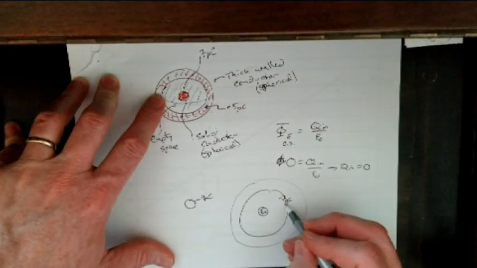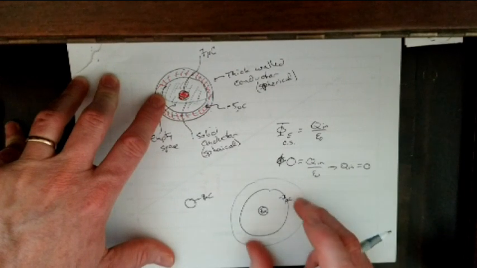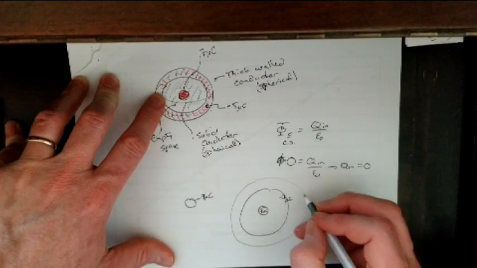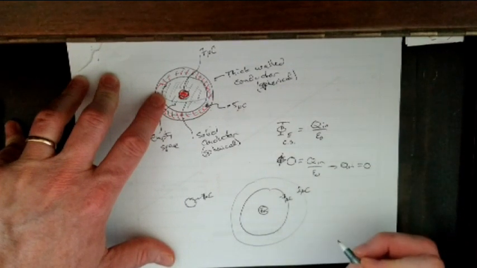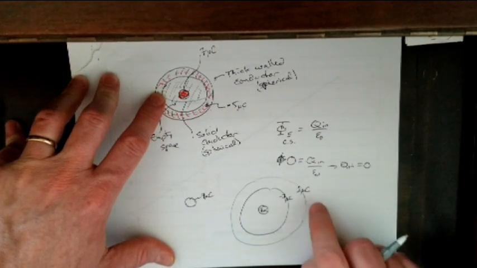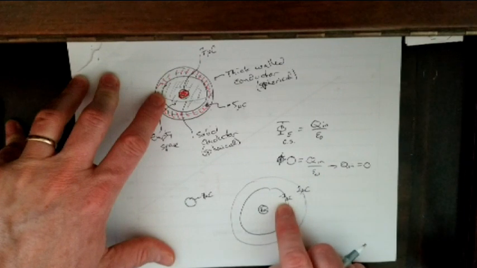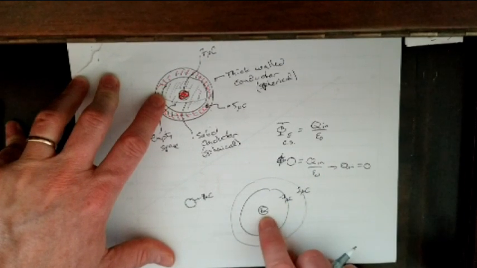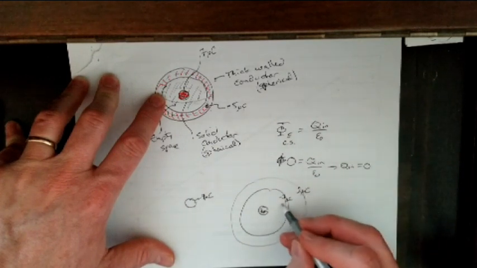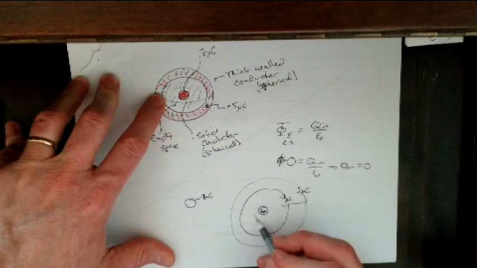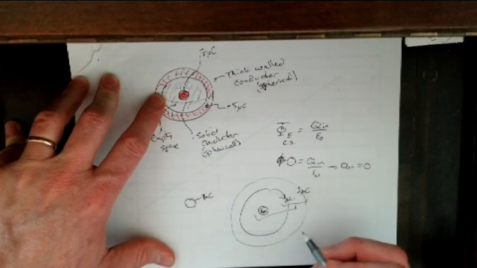But I'm short -2, so it pulled an extra -2 microcoulombs worth of electrons to the inner surface, leaving behind 2 microcoulombs here on the outer surface. So I have 2 microcoulombs on the outer surface, -7 microcoulombs on the inner surface, and then 7 microcoulombs on the surface of the inner sphere. So that the total here is -5, the total here is 0.